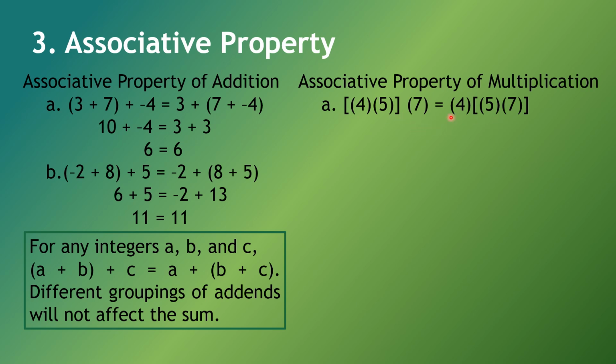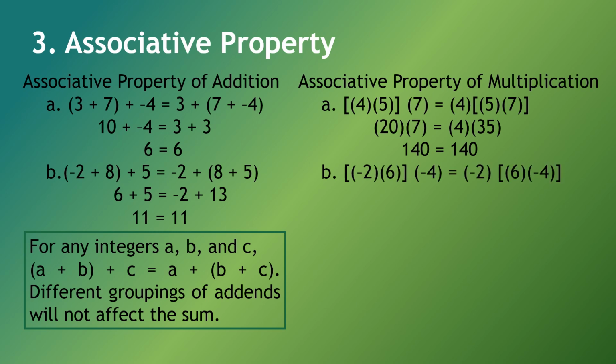At dito sa right side ng equal sign, ang una nating i-multiply ay yung 5 at 7. So, the answer is 20 times 7 equals 4 times 35. 20 times 7 is equal to 140. And 4 times 35 is also equal to 140. So that is equal.